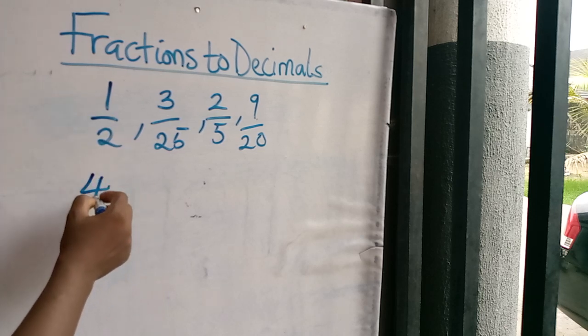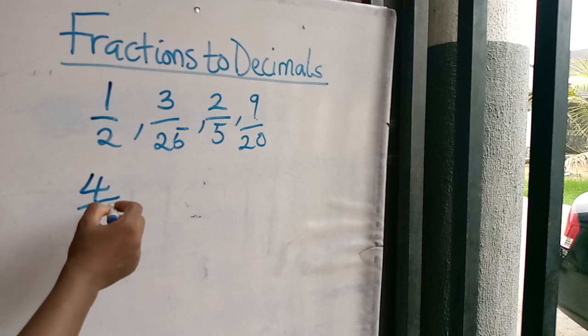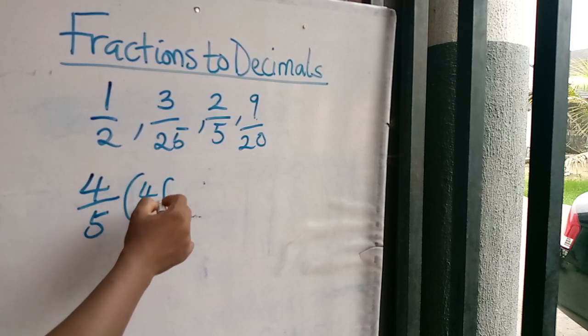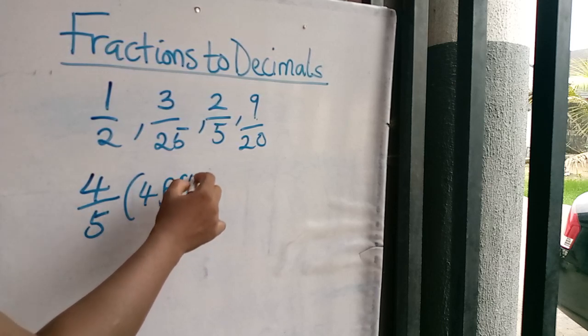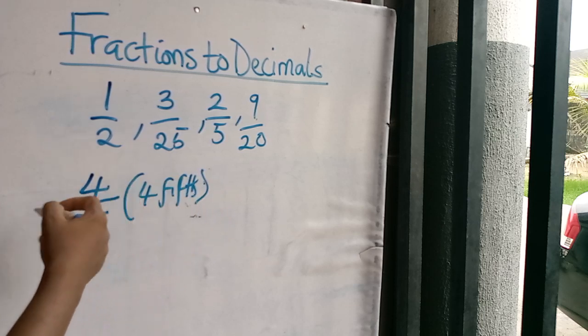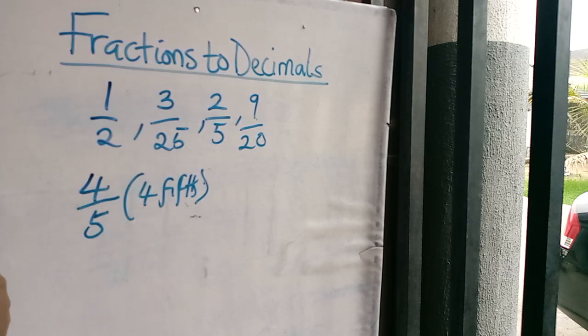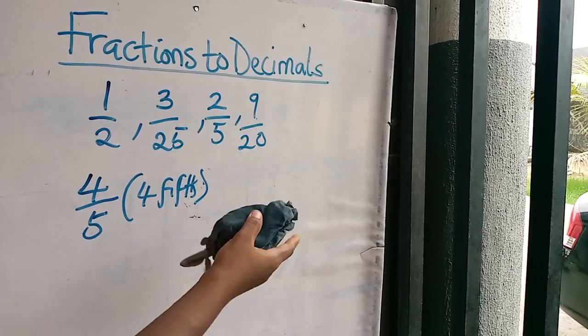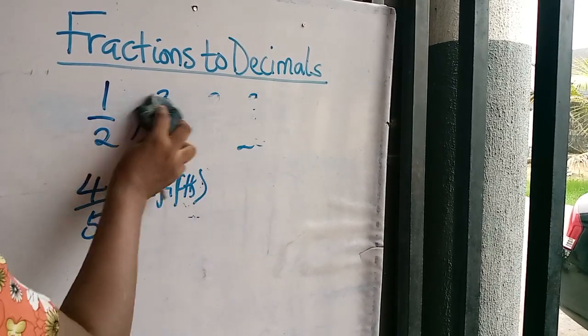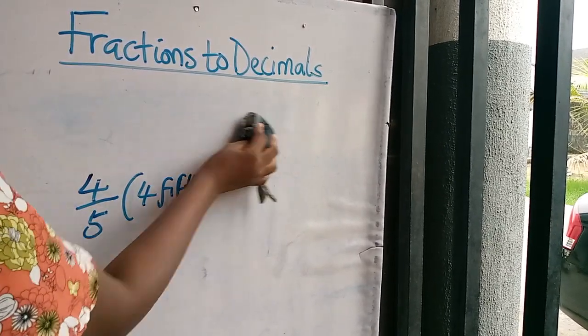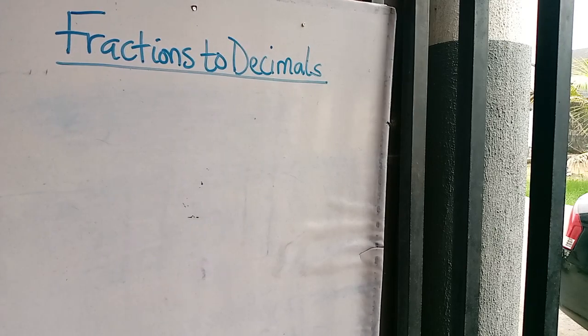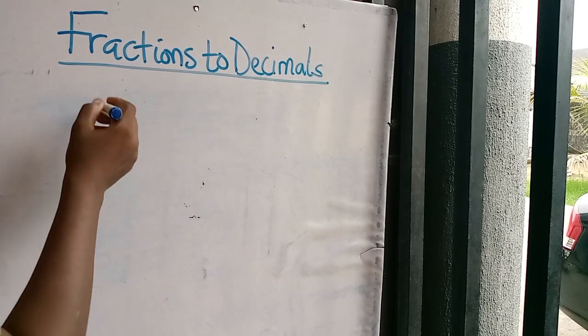So let's look at an example. What if we have 4 over 5? How do we change this fraction to a decimal? Here is what we will do. We will turn that fraction into a denominator of 10.